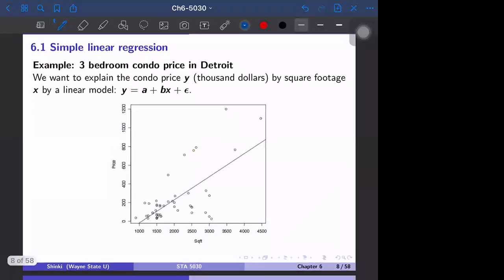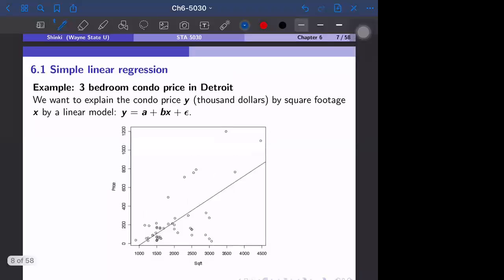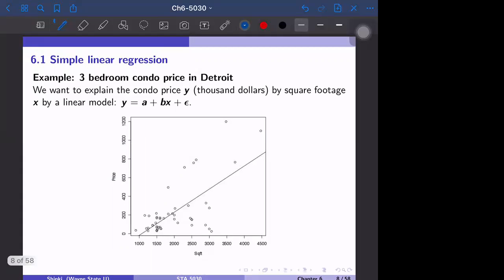And I took the condominium price because in Detroit, there are many distressed houses. So if we use single family houses, it's really not clear how the price is explained. So here I use the square footage and the price. And we have an obvious positive relationship between these two variables: more square footage, then the higher price.